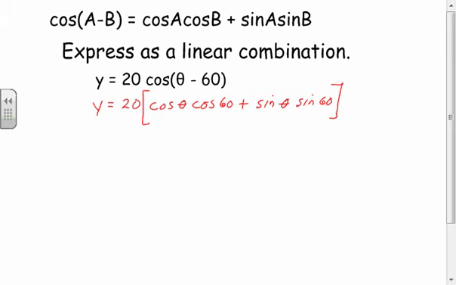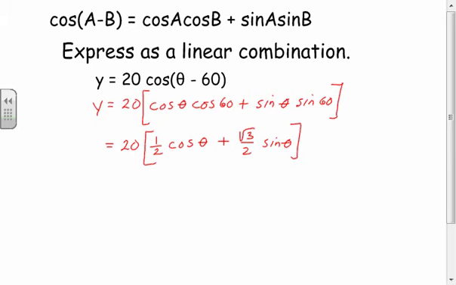In those brackets, there are some things that I know. For example, I know that the cosine of 60 is 1/2. You also know that. So I'm replacing that cosine 60 with 1/2 times the cosine of theta plus, I know the sine of 60 is √3/2 times the sine of theta.